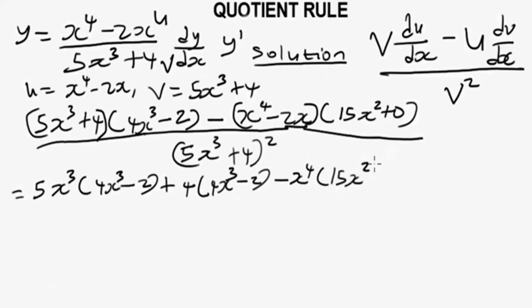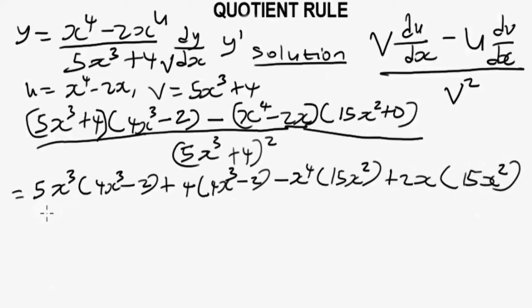The 0 is nothing, so leave it. Then minus times minus, we have plus 2x multiplied by 15x squared. Okay guys, so let's simplify the numerator.